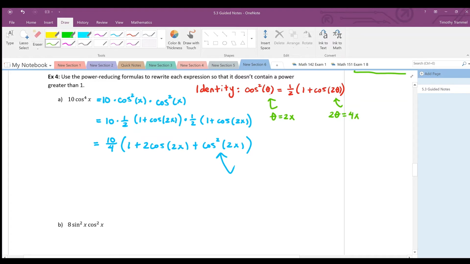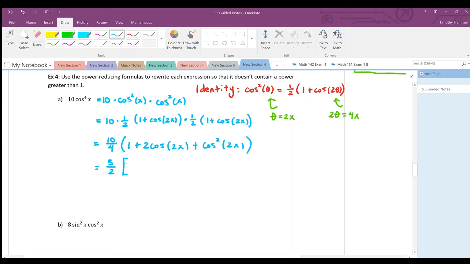I just like to tell myself that as I go from the left-hand side of this equation to the right, I should double whatever the angle was. So we'll go ahead and simplify this fraction first to 5/2. And then we have, again, 1. I'm going to use some square brackets since we're going to have an extra set of parentheses in here in a minute.